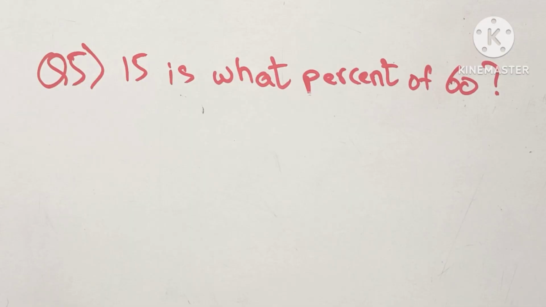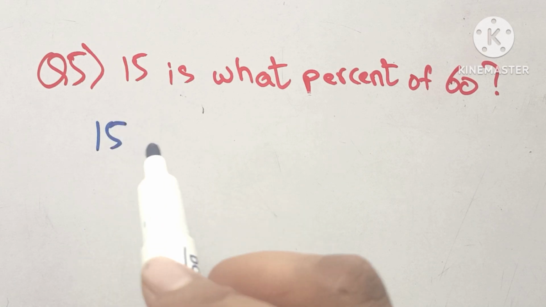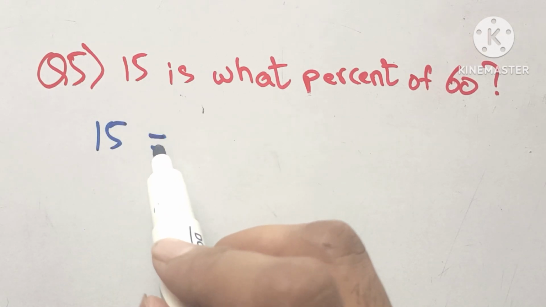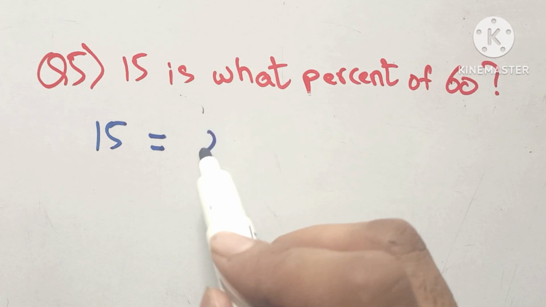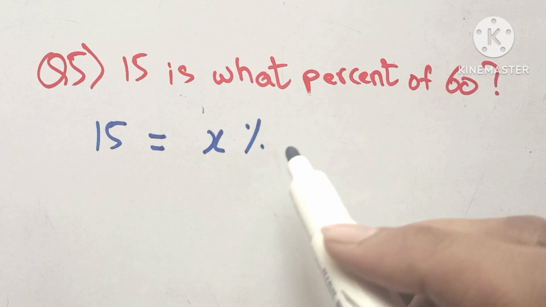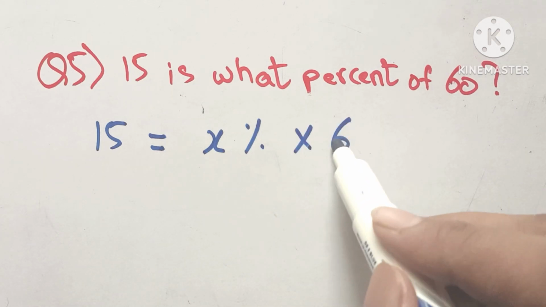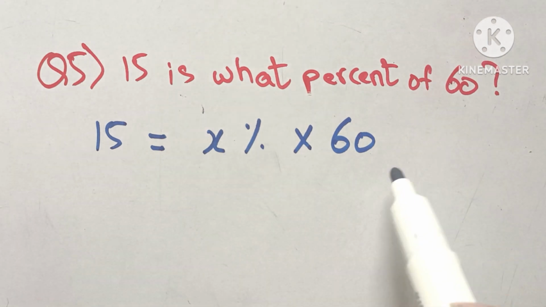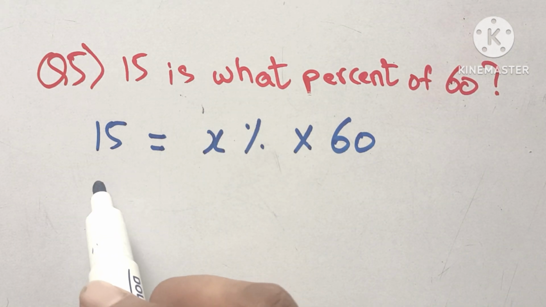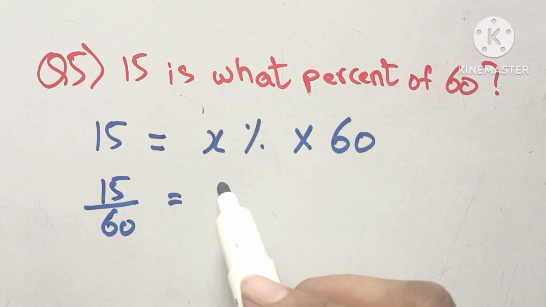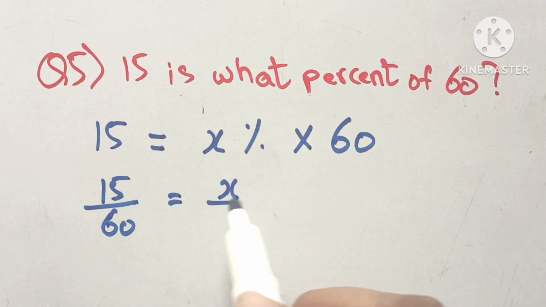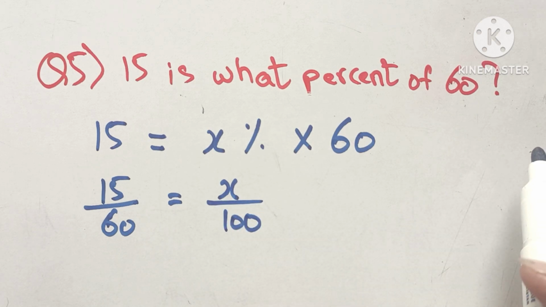Okay, so the last question is, 15 is what percent of 60? So write the equals to sign, then what percent? Again it is unknown, write x percent, of means multiply by 60. So first take the 60 to the other side, and now remove this percentage sign, it is 100 in denominator.